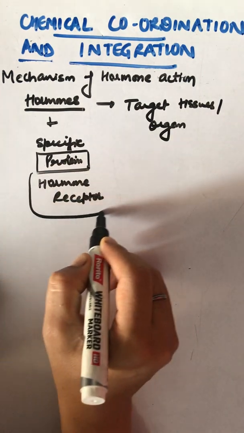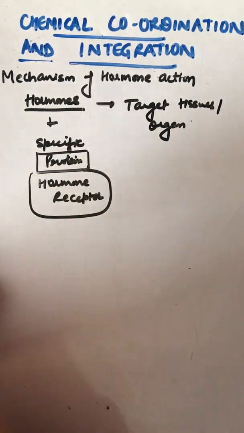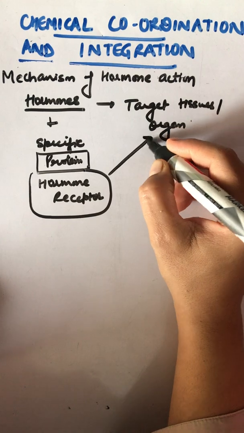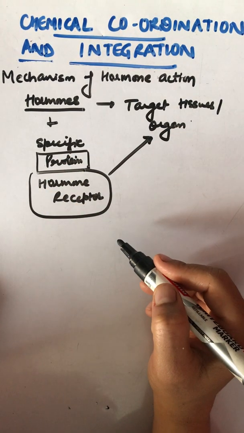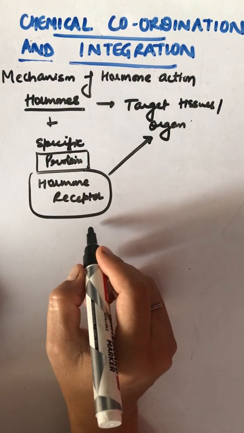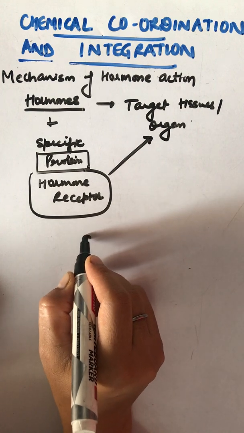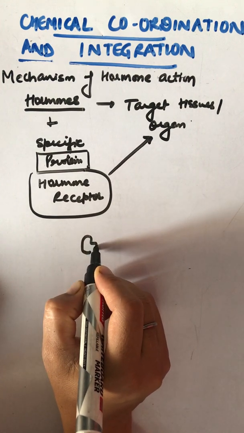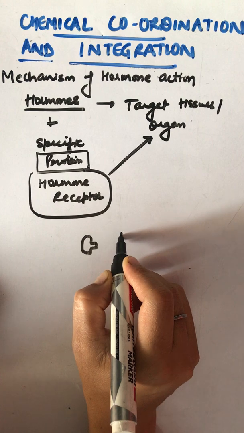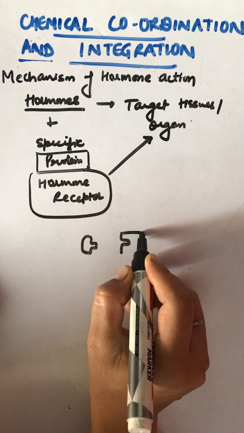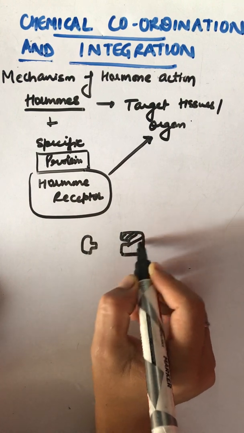And these hormone receptors are present in these target tissues and organs, and that's how the hormones act. Right? Simply, if I have to show you, this is the hormone and this is the receptor on the target organ where it has to go and act.